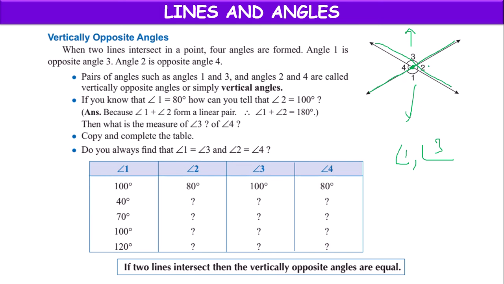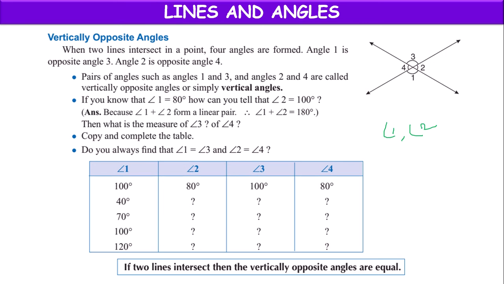In the same way, angle 2 and angle 4 are also considered as vertically opposite angles, or vertical angles.